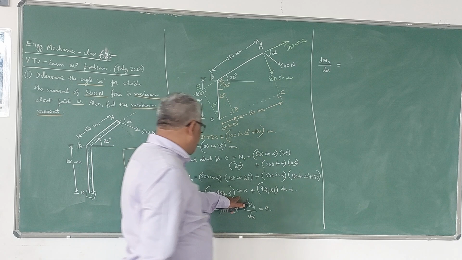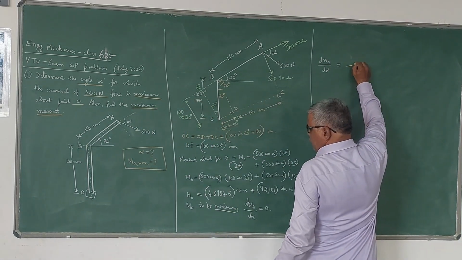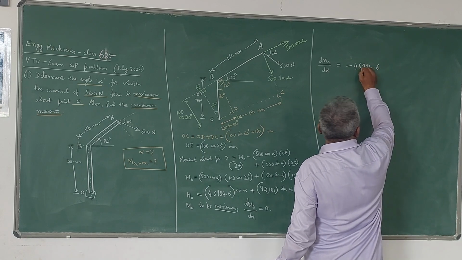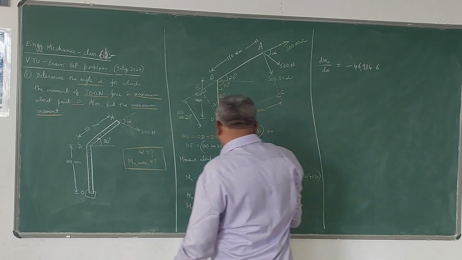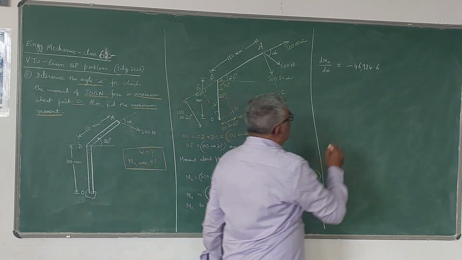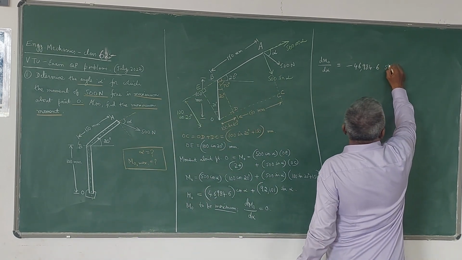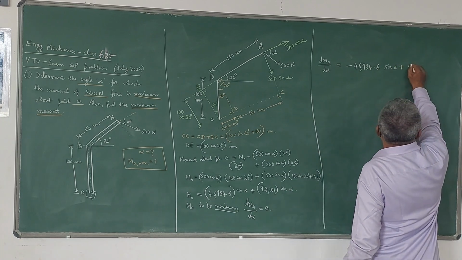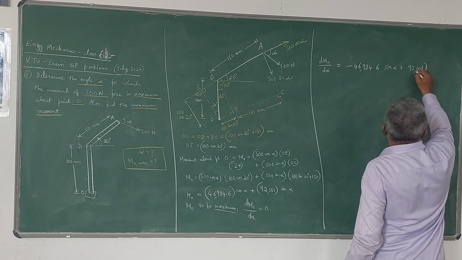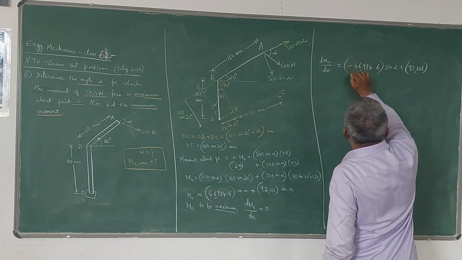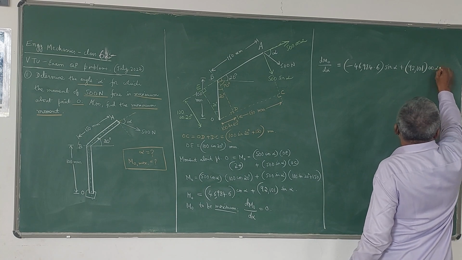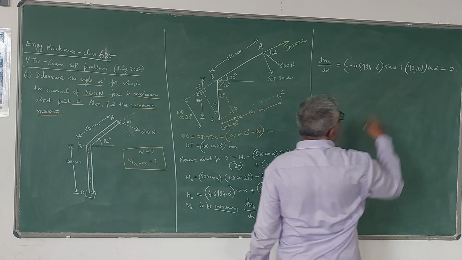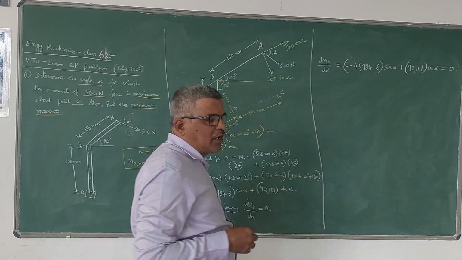That means this becomes minus 46,984.6 sin alpha, plus 92,101 into cos alpha. This should be equal to 0. The first derivative should be equal to 0. Now if you simplify this, you can get the value of alpha.